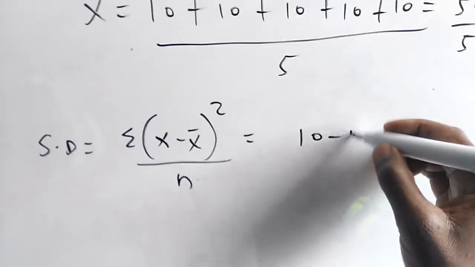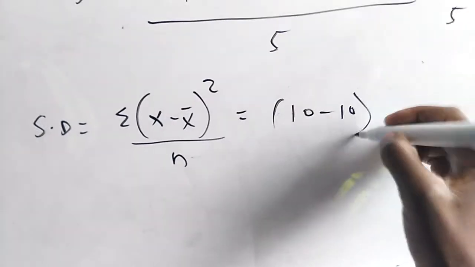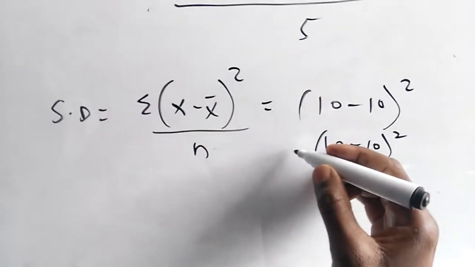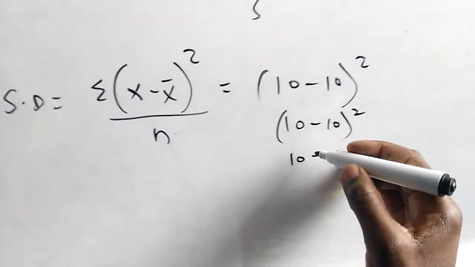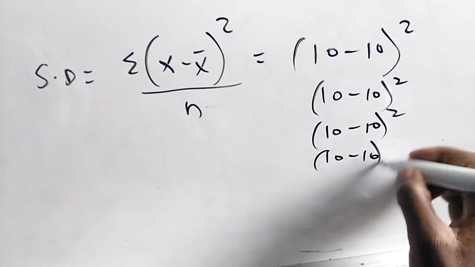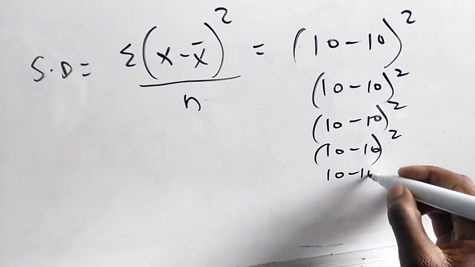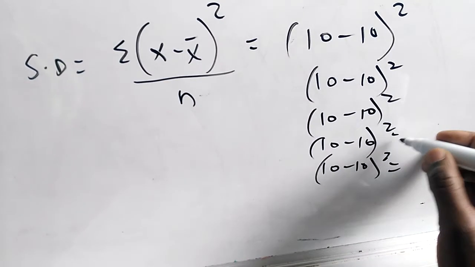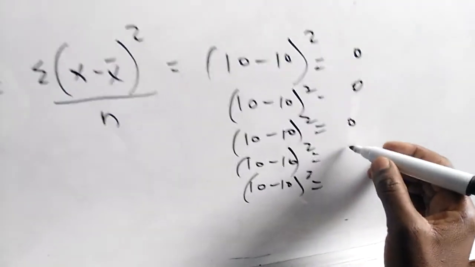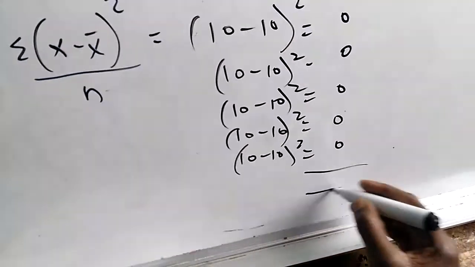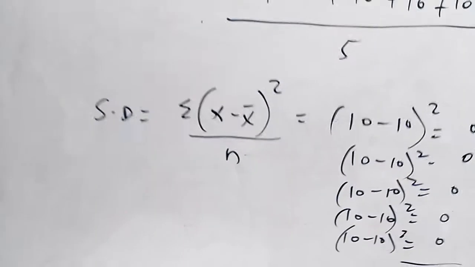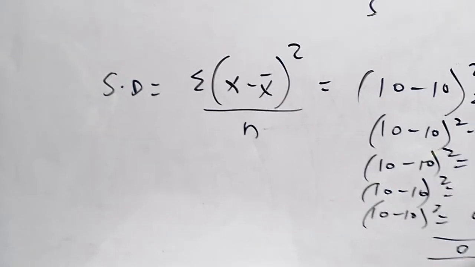So it will look like 10 take away 10 square, 10 take away 10 square, 10 take away 10 square, 10 take away 10 square, up to, there are 5 of them. All of these are giving us nil. The sum of the mark take away mean is giving us nil, nothing, 0 marks.